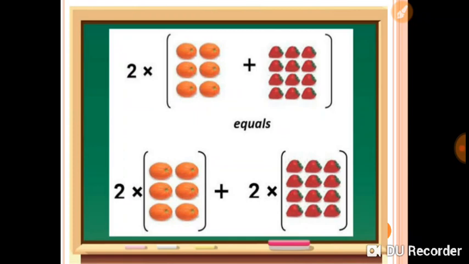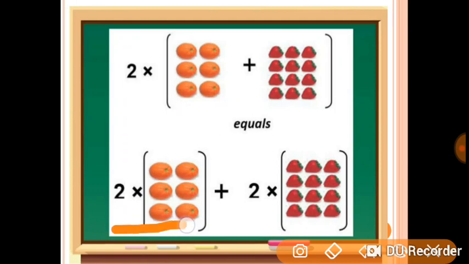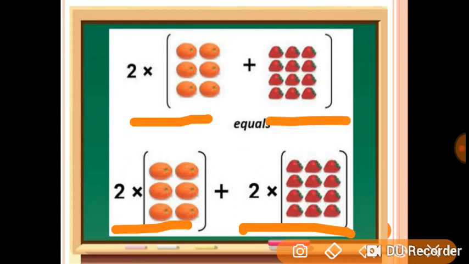So, there will be 2 times 6 oranges, for you and your brother, and 2 times 12 strawberries for you and your brother. So, 2 is multiplied by 6 oranges also, and 2 is multiplied by 12 strawberries also. It means 2 into (6 plus 12) will be given as 2 into 6 plus 2 into 12.